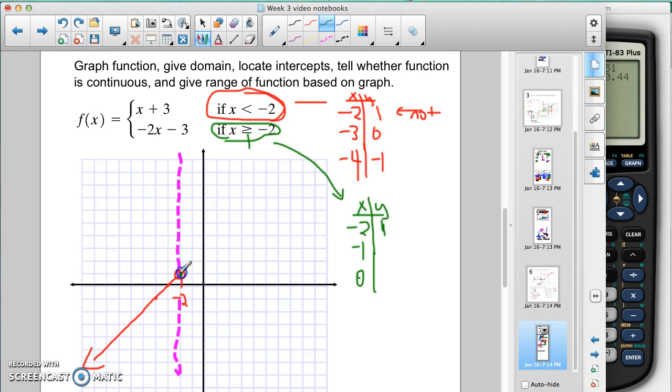It's going to fill that circle in. And then -1 in there gives you positive 2 minus 3, so that's going to be -1. And then 0 is going to be 0 minus 3, so -3. So we're going to take our line and it's going to go like this.